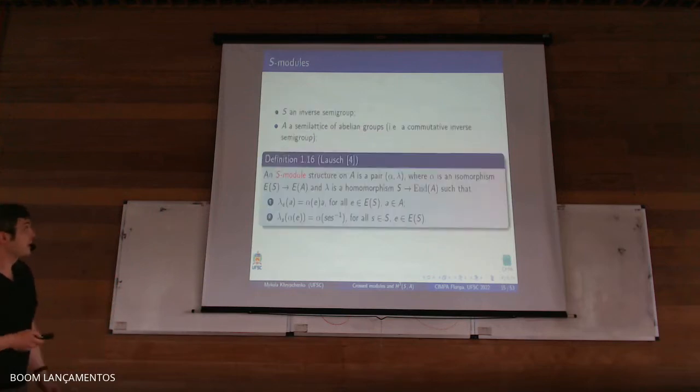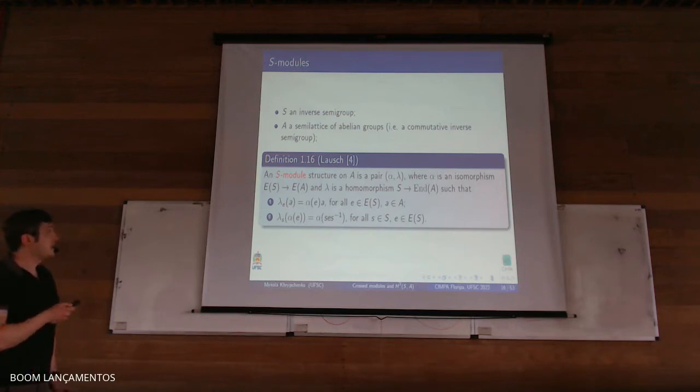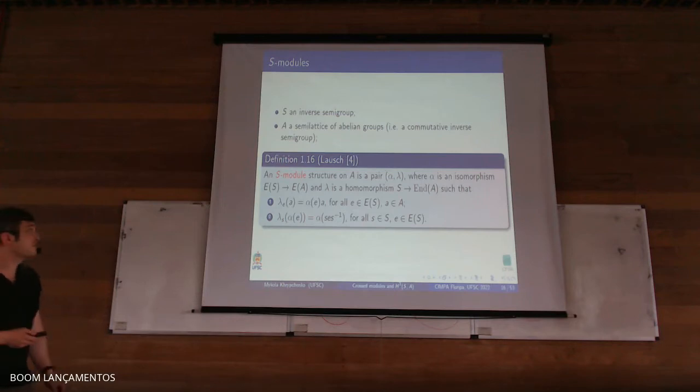No. A module over an inverse semigroup S is a commutative inverse semigroup, or in other words, a semilattice of abelian groups, with an action of S on A. Of course, it should be an action, but it should also satisfy the following. You should have an isomorphism between idempotents. So you cannot take an arbitrary inverse semigroup here. It should have an isomorphic semilattice of idempotents, and this isomorphism should satisfy the following.